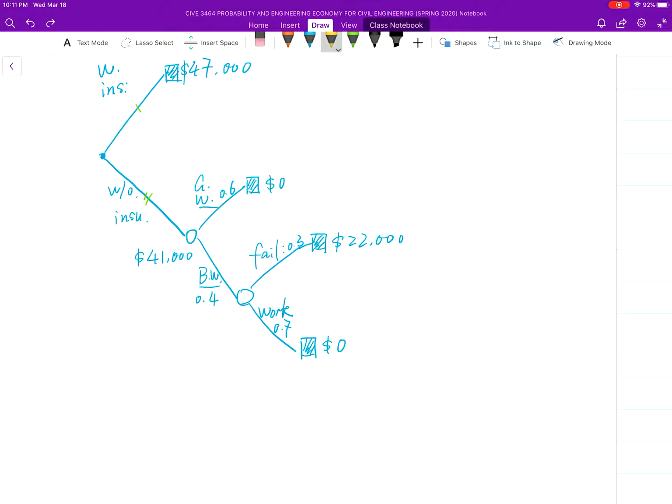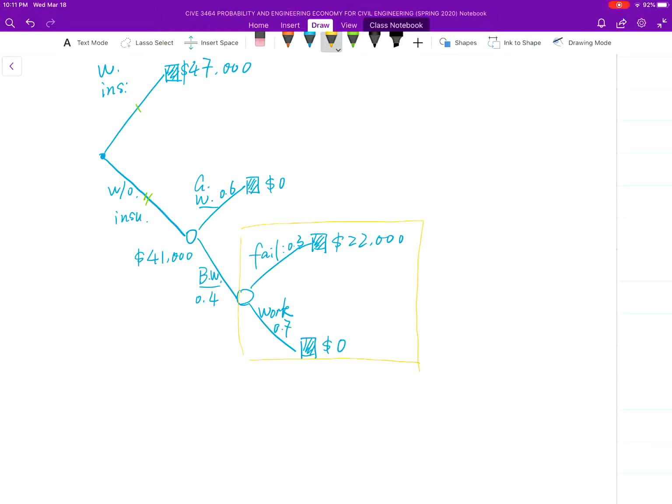That's going to cost some money. From this part, with 0.3 probability we're going to cost this much money, and with 0.7 probability we're going to cost $0.